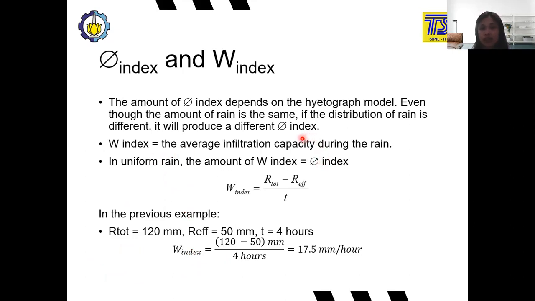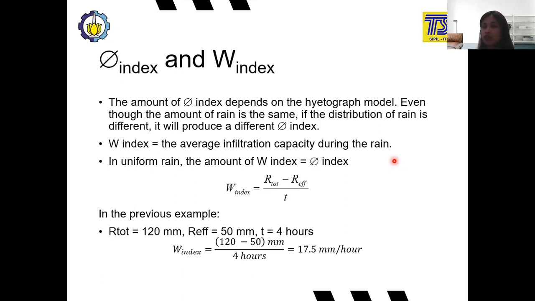How about the W index? The W index is the average infiltration capacity during the rain. The difference is, if the rain is not uniform, the amount of the W index will be different from this V index.